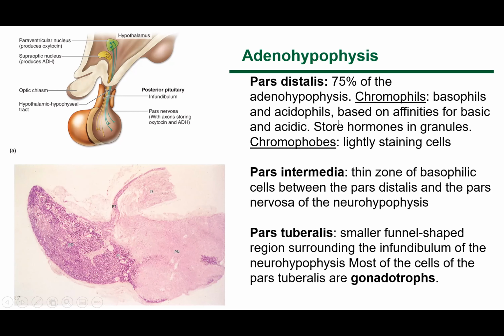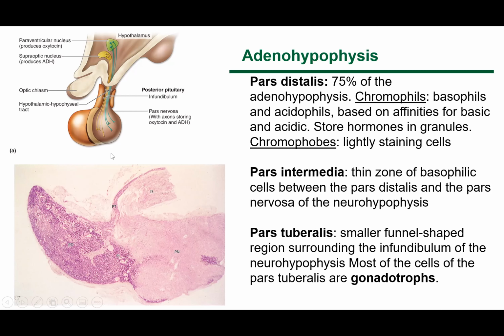There is a cellular difference between the regions as well. So the pars distalis is the bulbous end bit, and that is about 75% of the gland in total. And you can divide the two cell types into chromophils and chromophobes, excuse me.